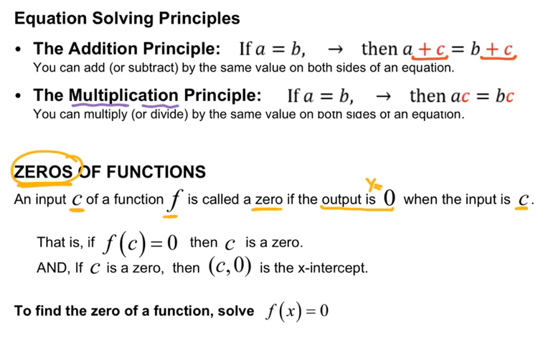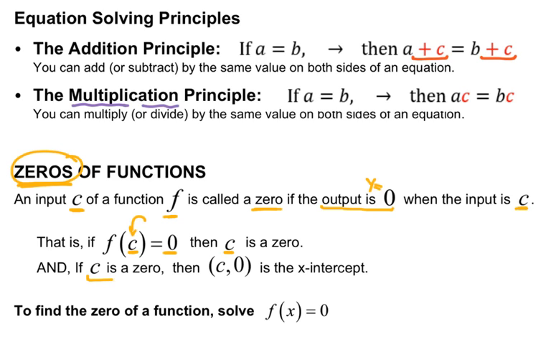So if I plug in C and I get out 0, that means C represents what we call a 0. Okay? So another way of saying that is plugging C into the function, if the output is 0, if f of C is equal to 0, then C is a 0.